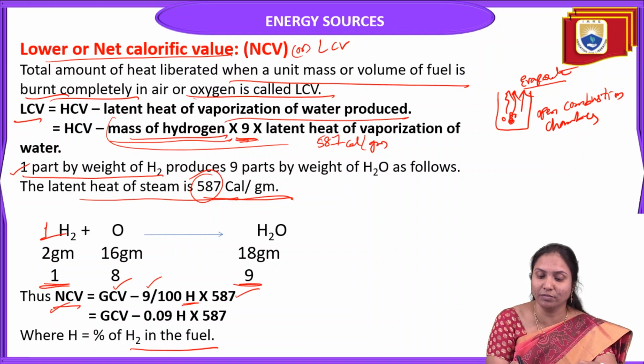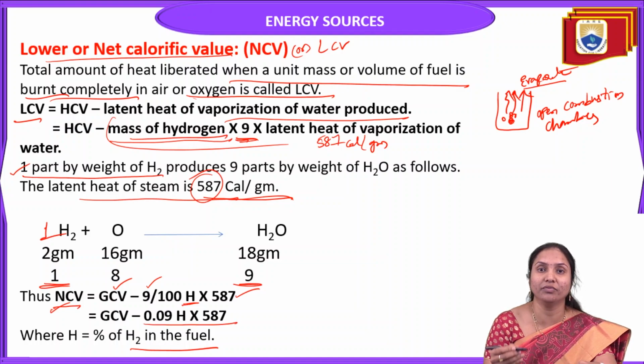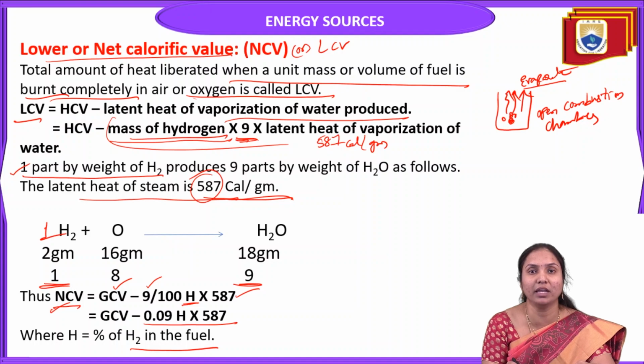So that's why we subtract this latent heat of vaporized water from the gross calorific value. So your formula is NCV equals GCV minus 0.09 H into 587. Here H is the percentage of hydrogen present in the fuel, and 587 is the latent heat of vaporization of water. So in this way we have to calculate the gross calorific value and net calorific value.